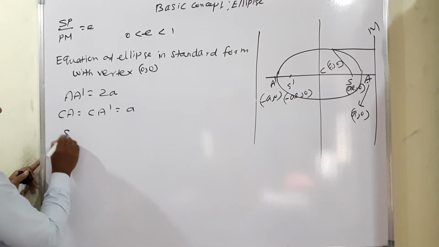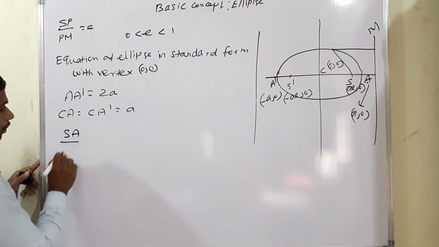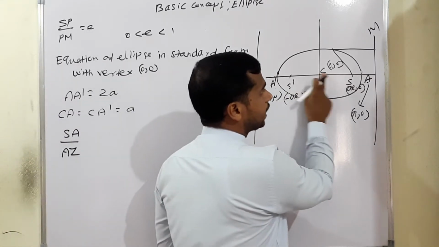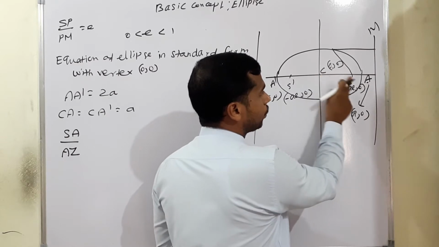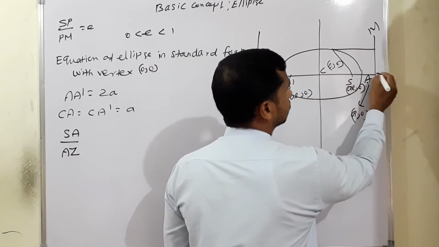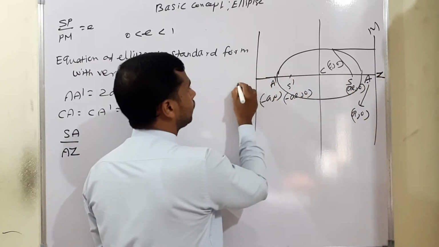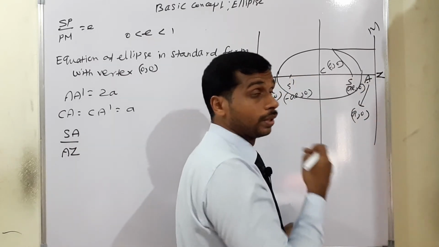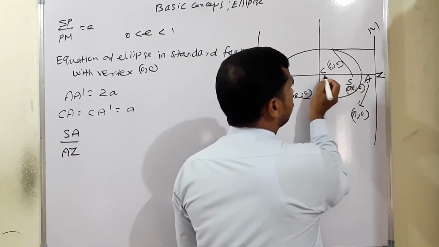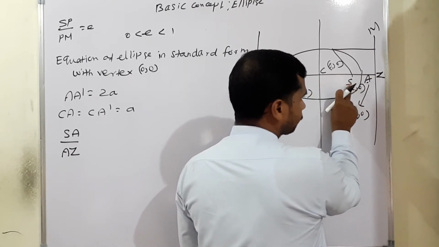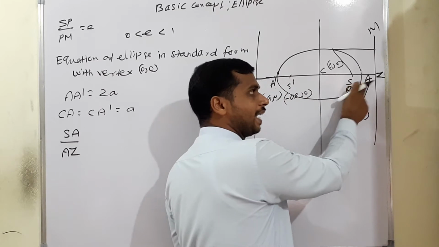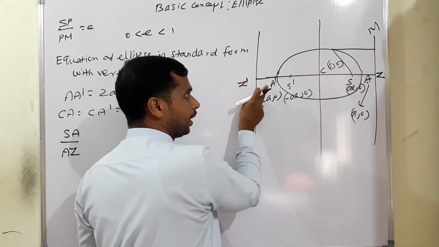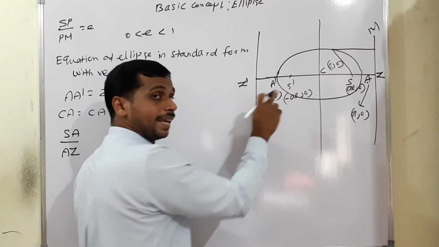Now how to divide the 2a part? The condition SA divided by AZ. Look there, from center C to A, C to Z, and this is point Z dash. Look there, we have to find out what the point Z will be. From center C, S to A for point A is internally, as well as the opposite side, S to A dash, point Z dash is externally.